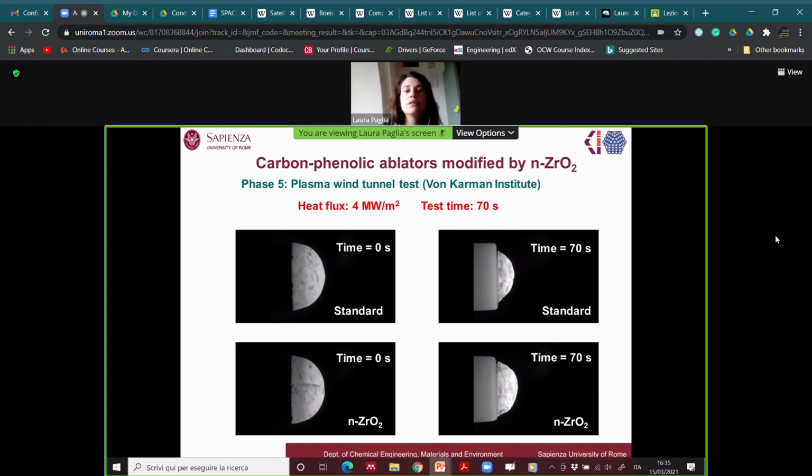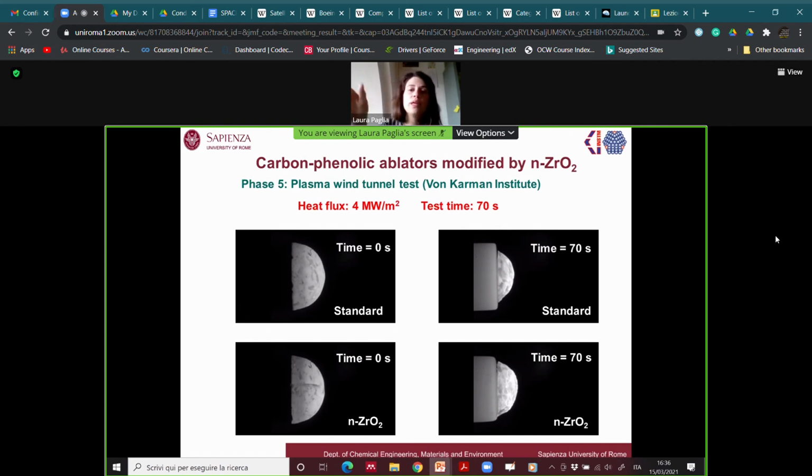The test was conducted at 4 megawatt per square meter for a test time of 70 seconds. These parameters were not chosen randomly, but because we want to compare our ablator with other important carbon ablators of the same kind.